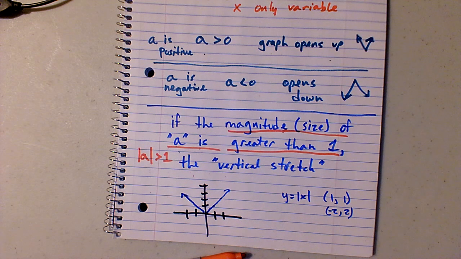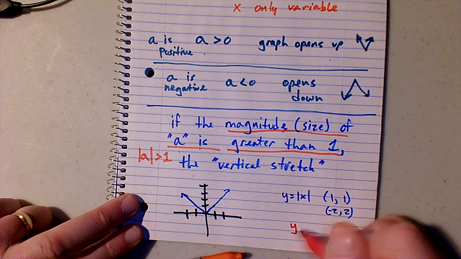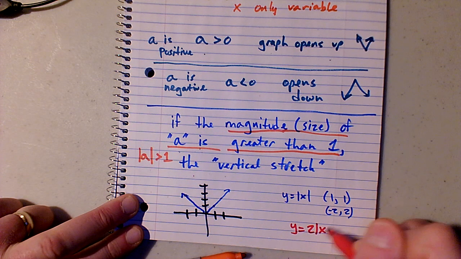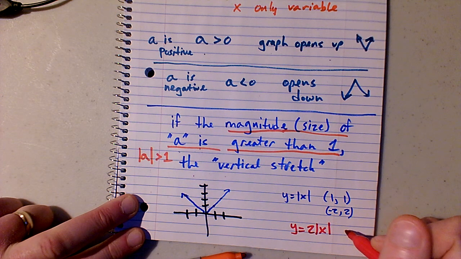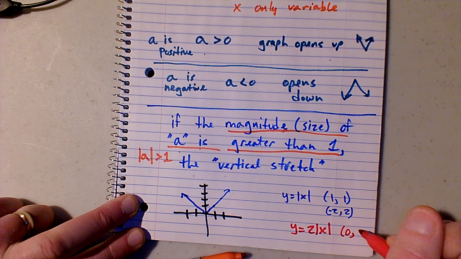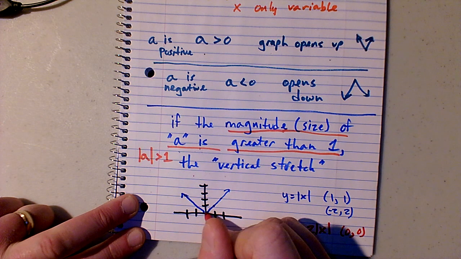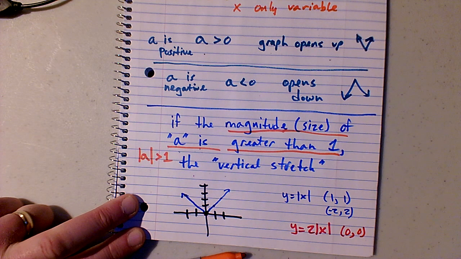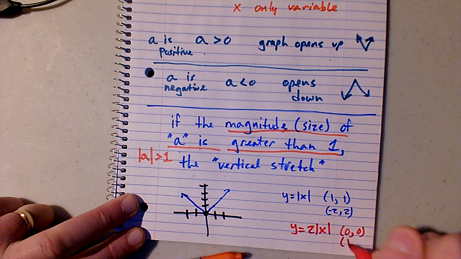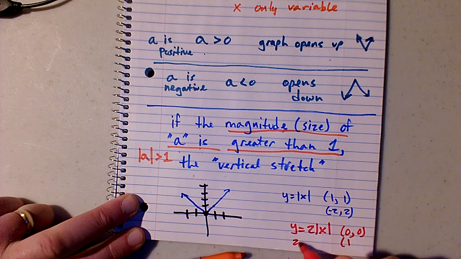Now, let's say I have y is equal to 2 times the absolute value of x. Well, what that means is, when x is 0, my y value is still going to be 0, so the vertex is still at 0, 0. But now, let's say x is 1 here. Then I'm going to have 2 times the absolute value of 1, which would be 2 times 1, which is 2.